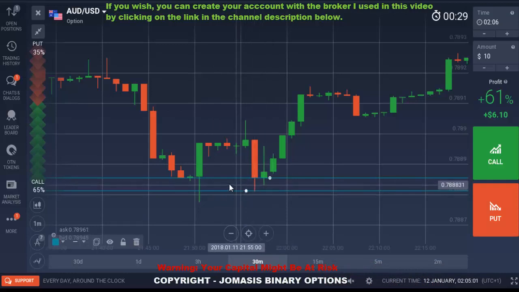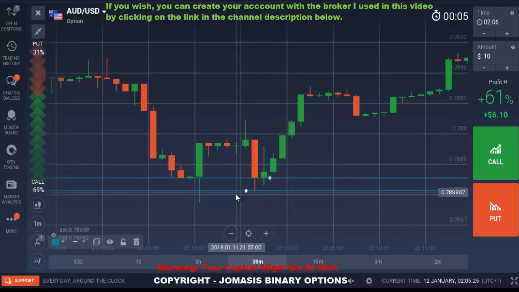This is called the wick, or lower shadow. This end here simply means this is the lowest the market could reach before it bounced back and started its uptrend.